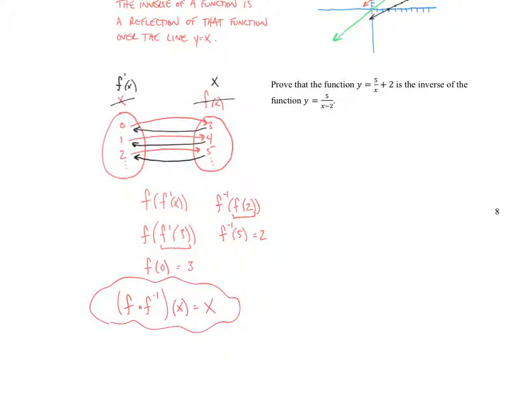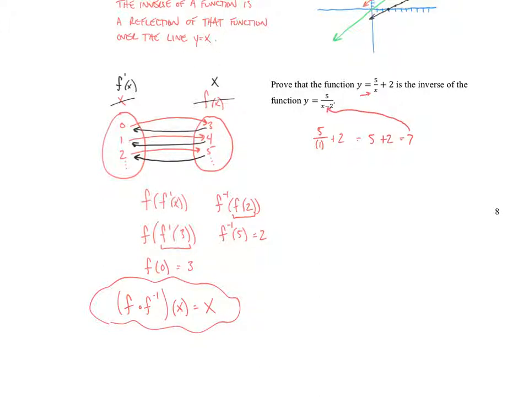So let's plug a number 1 into this function. Okay, so we're going to have 5 over 1 plus 2. And 5 over 1 is 5, plus 2 is 7. So if I want to see if this is the inverse, I'm going to take that 7 and I'm going to throw it into this function.